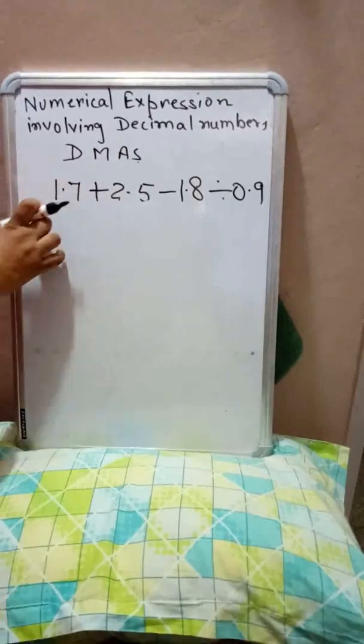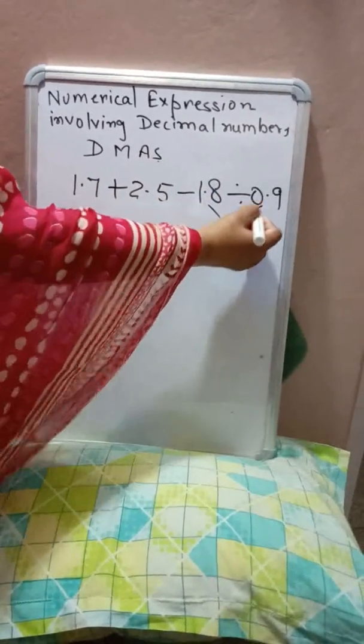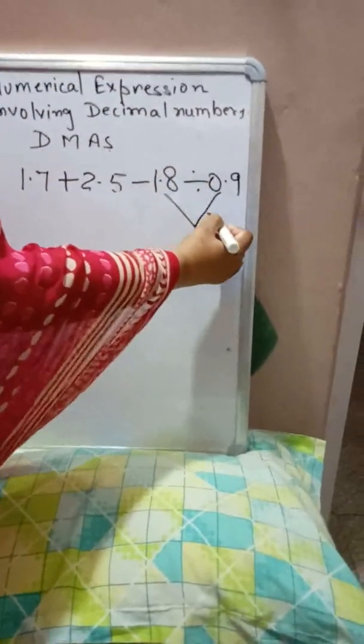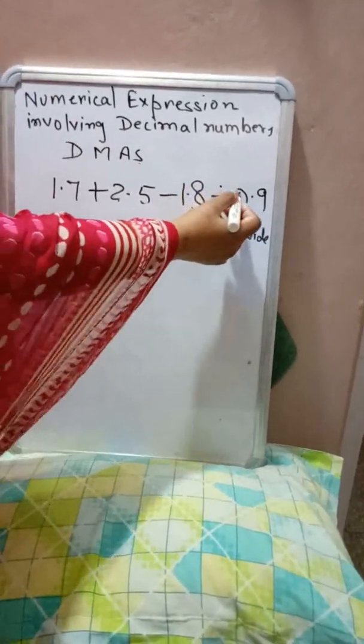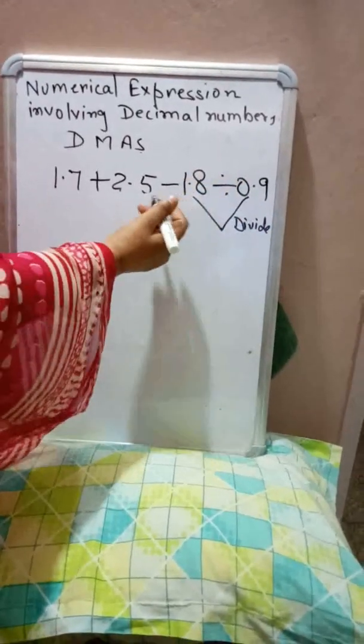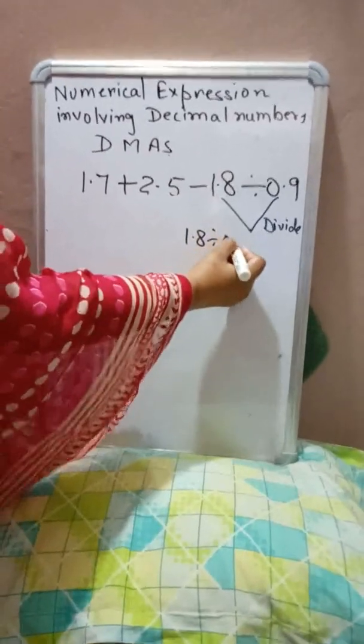Firstly, which operation will we do? Plus, minus, division. So the division sign we will do first. We will do division, right? 1.8 divided by 0.9.